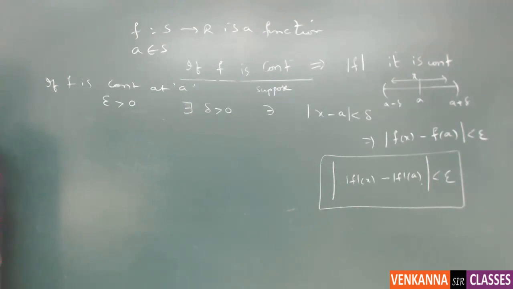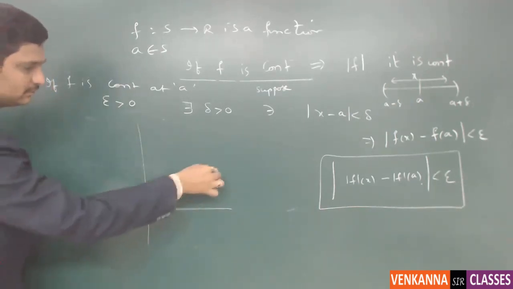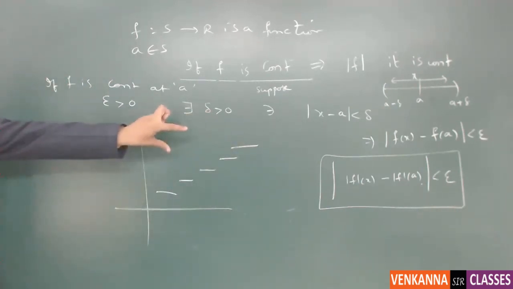Right. So the step function is integrable. Is each step function a continuous function? No. At every integer value it has a discontinuity, right? Because if you draw the graph of the step function, it is going to come like this. It has a jump discontinuity.